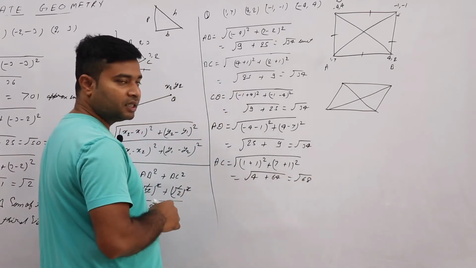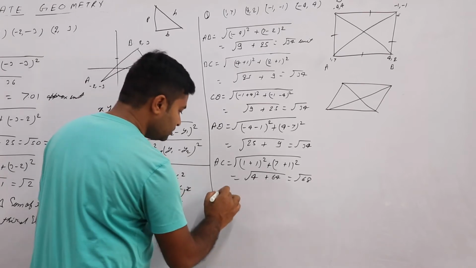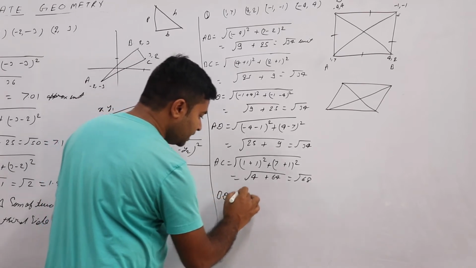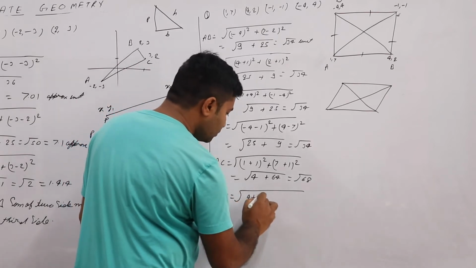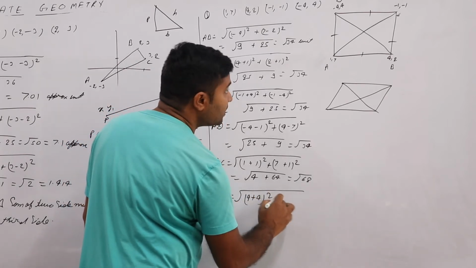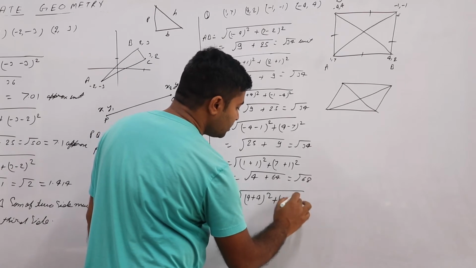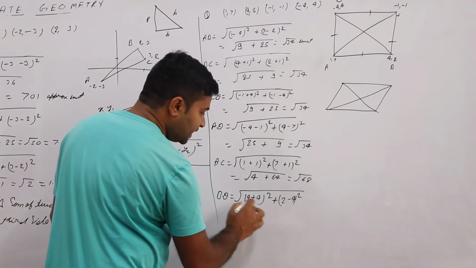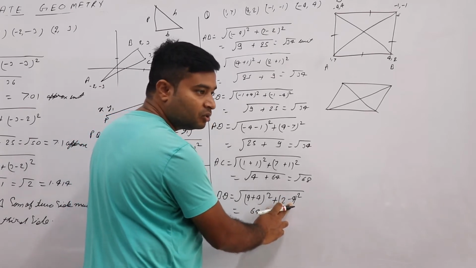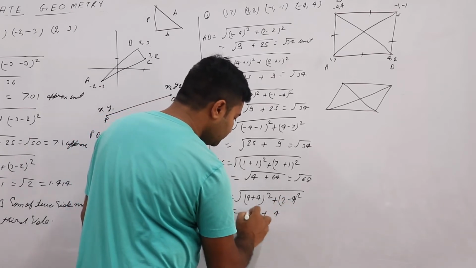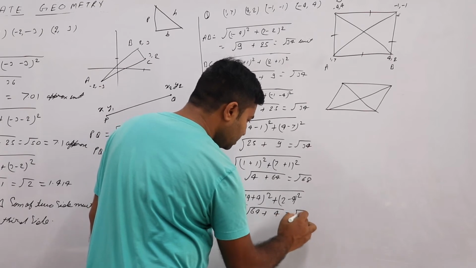Root over 68. Achha. Find BD. BD means root over (4 plus 4) square plus (2 minus 4) square. Yes na? So this is 8 square is 64 and this is minus 2. Minus 2 square is 4. So again root over 68.